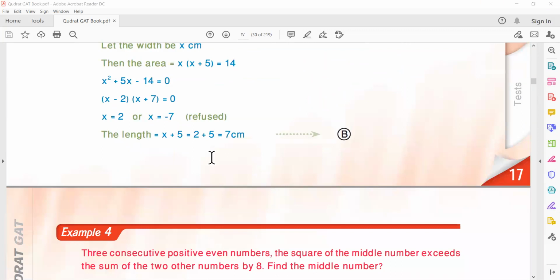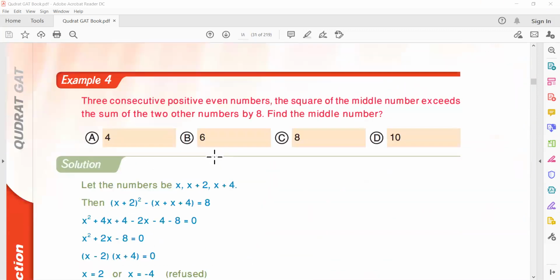Right. Here, number 4, the last example: 3 consecutive positive even numbers, the square of the middle number exceeds the sum of the 2 other numbers by 8. Find the middle number. How many numbers do we have here?